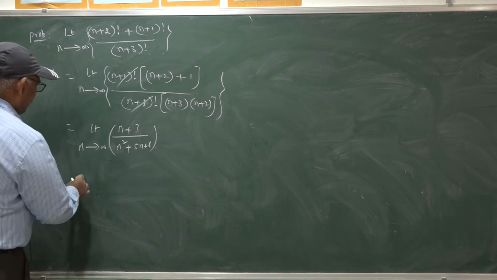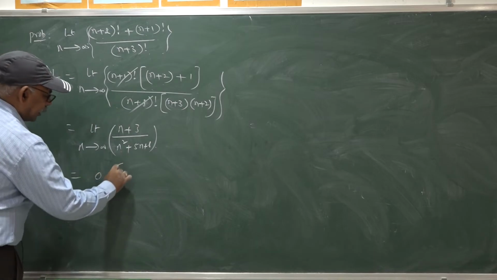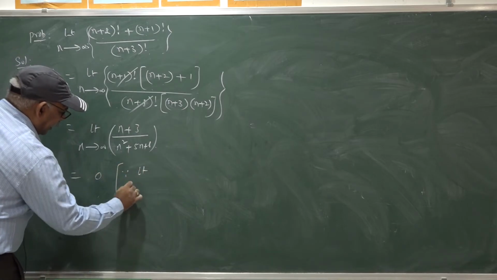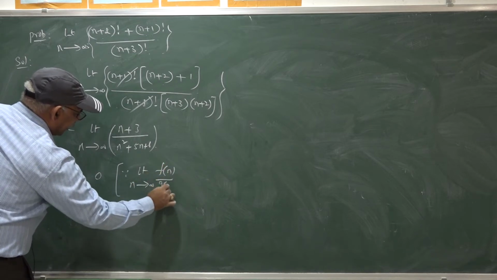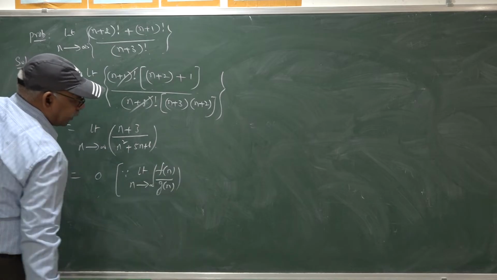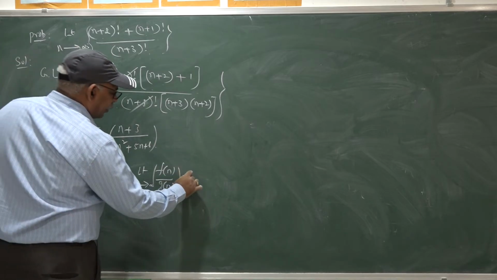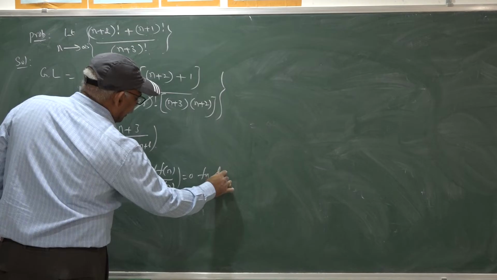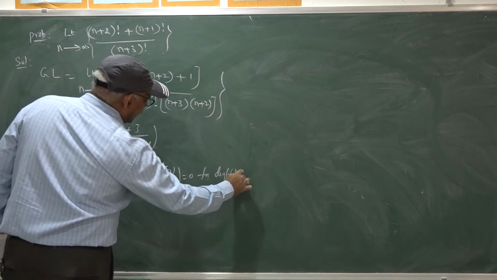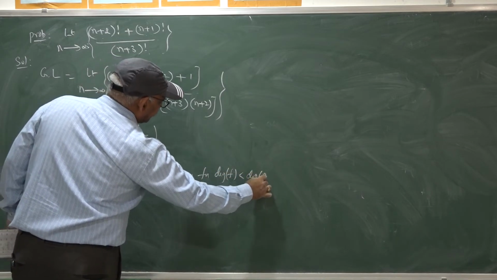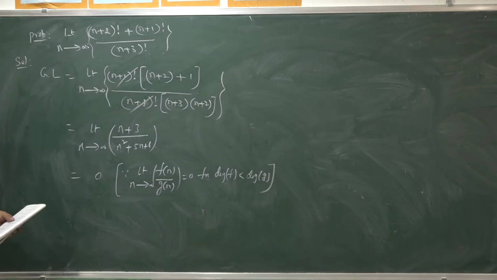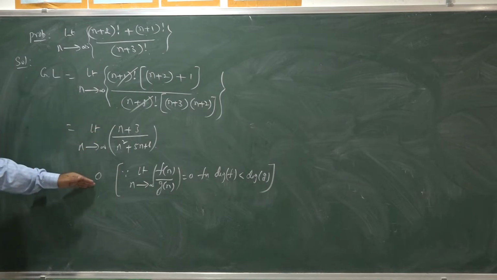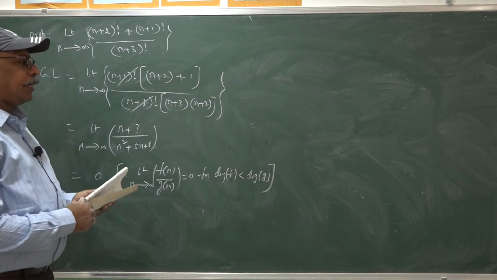That formula is applicable here, since the limit as n goes to infinity of f(n) by g(n), where f and g are polynomials in n, is 0 for degree of f less than degree of g. The numerator's degree is less than the denominator's degree, so it clearly gives us the limit as 0.